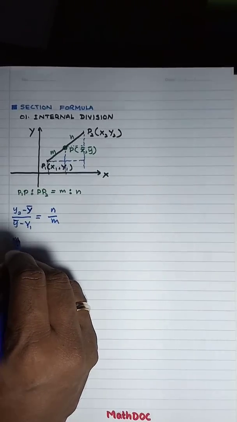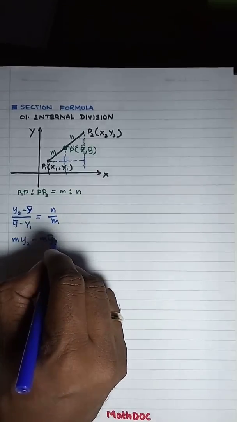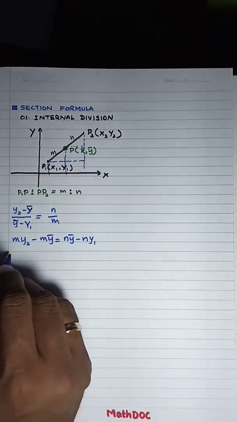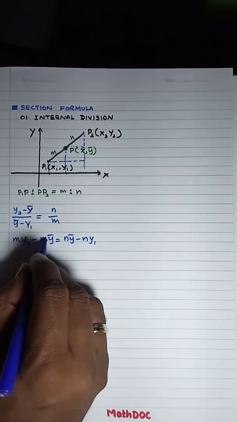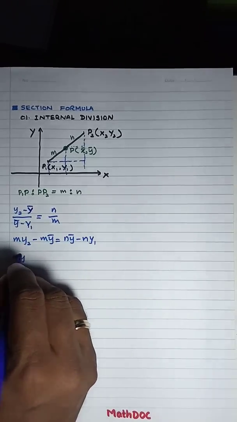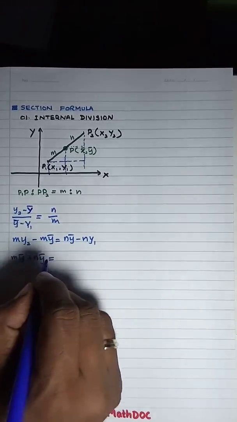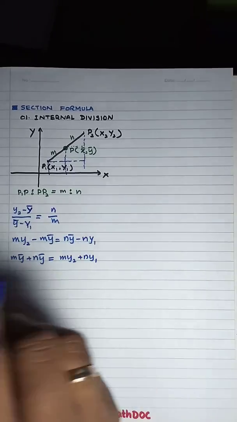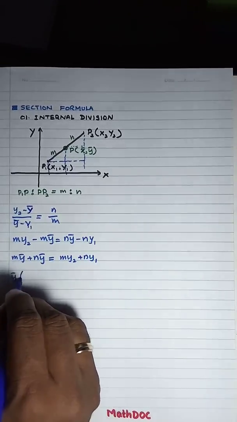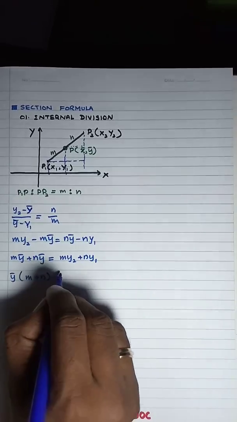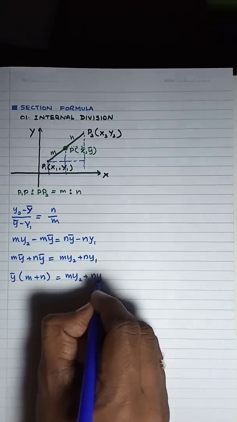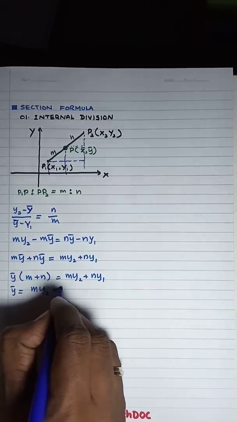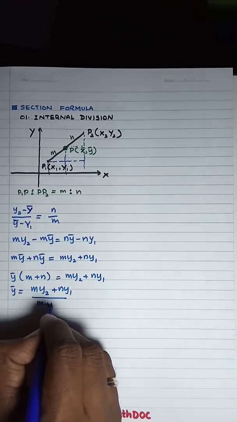Now cross multiply: my2 minus my bar equals ny bar minus ny1. Then take the y bar terms to one side: my bar plus ny bar equals my2 plus ny1. Take y bar outside, (m plus n) y bar equals my2 plus ny1. Then y bar equals (my2 plus ny1) over (m plus n).